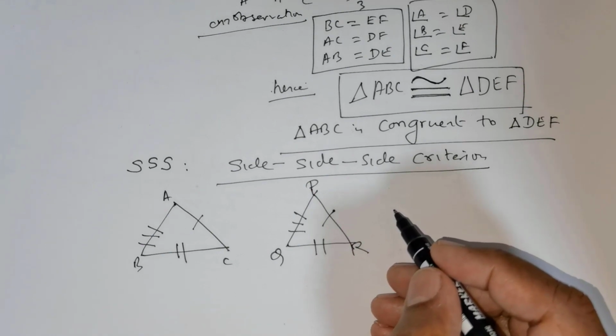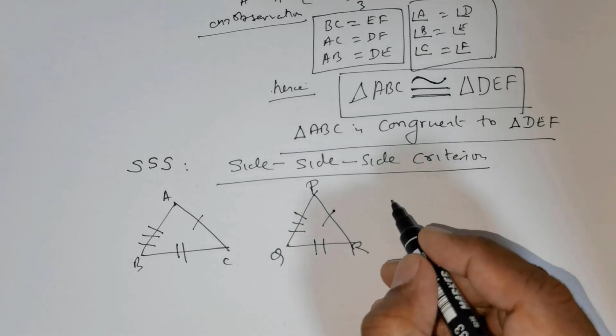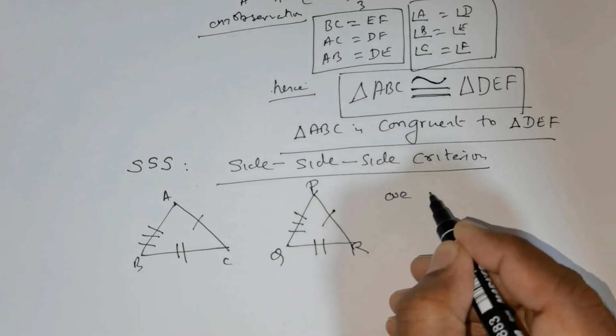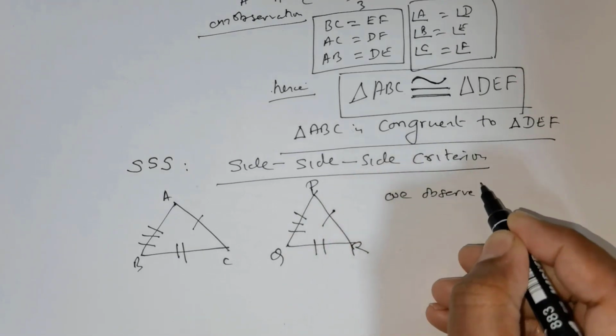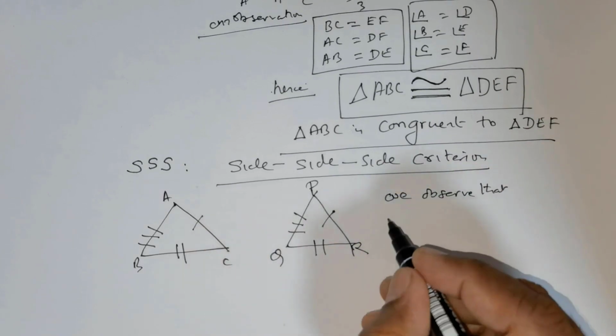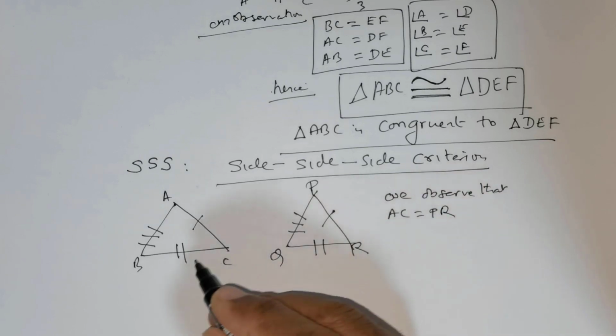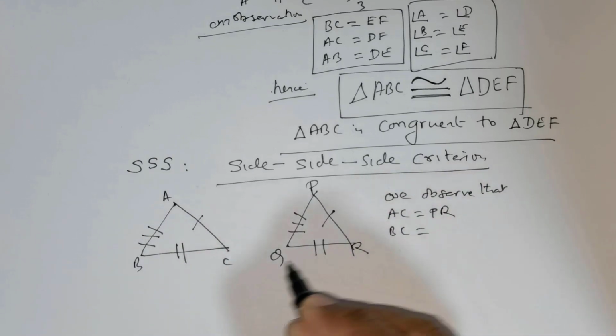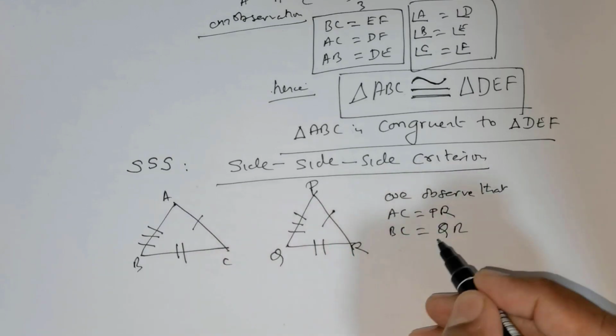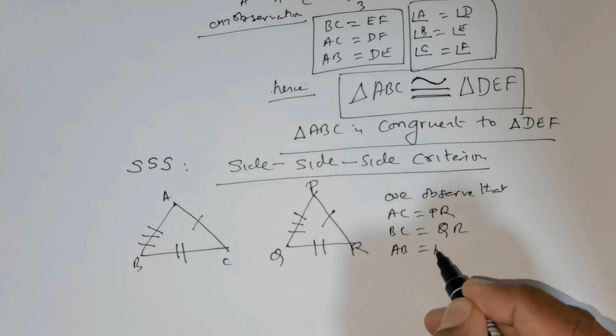So when you're writing it, you can clearly state, we observe that AC is equal to PR, and then BC is equal to QR, and then AB is equal to PQ.